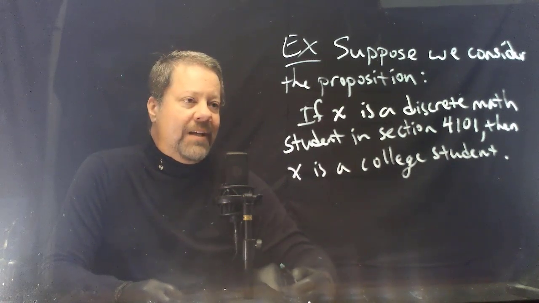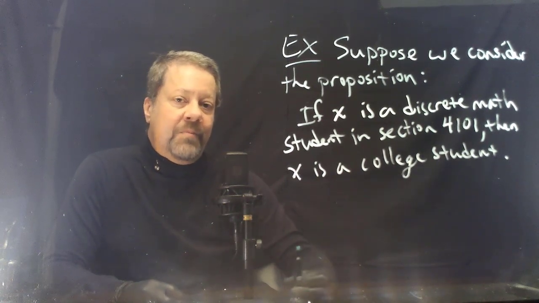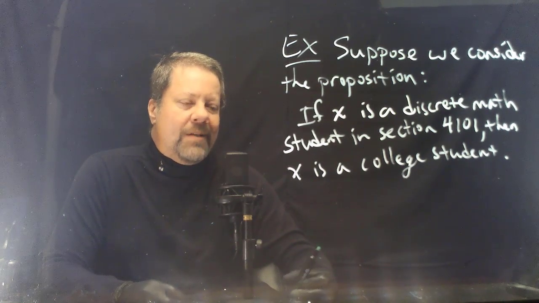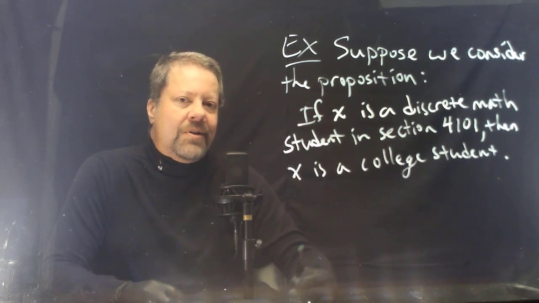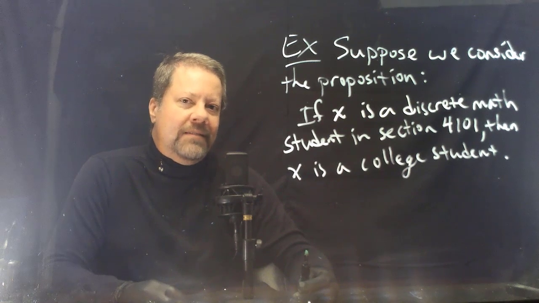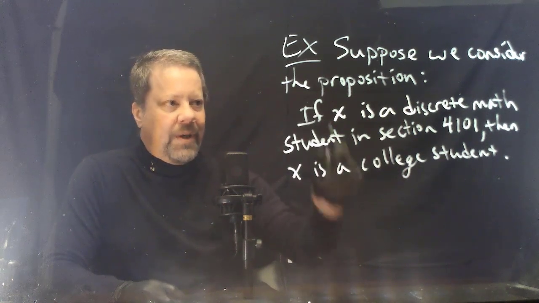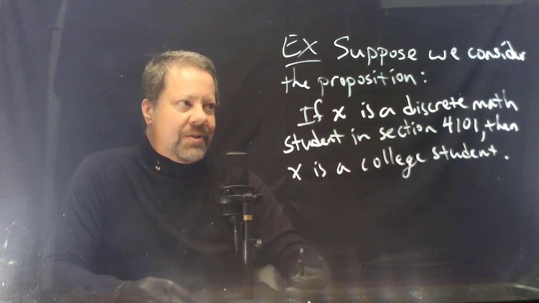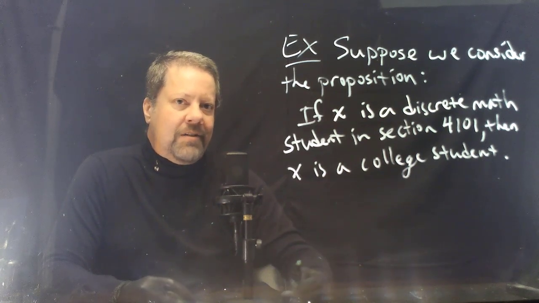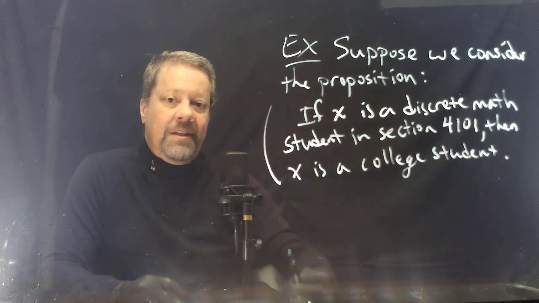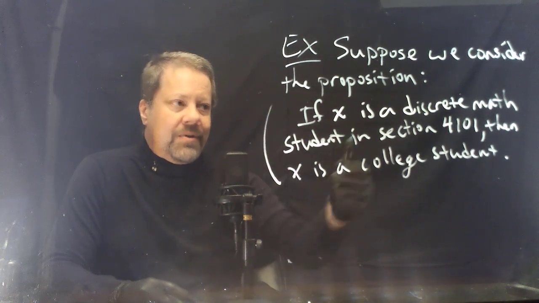I phrase it this way because this particular class is section 4W01, not 4101. In fact, Lone Star College Montgomery does not have a discrete math section 4101. So there is no section 4101, and X cannot be a discrete math student enrolled in section 4101. We deduce then that the theorem is vacuously true because there are no such students.